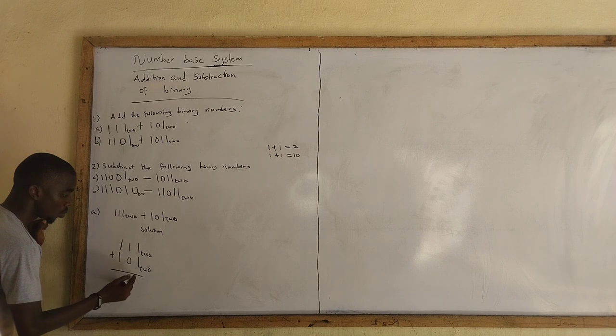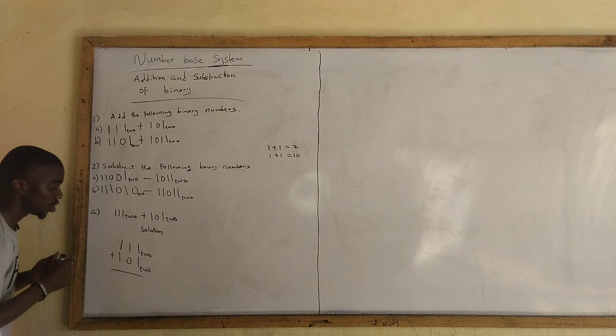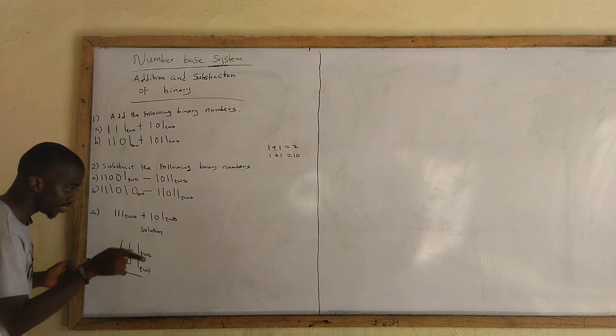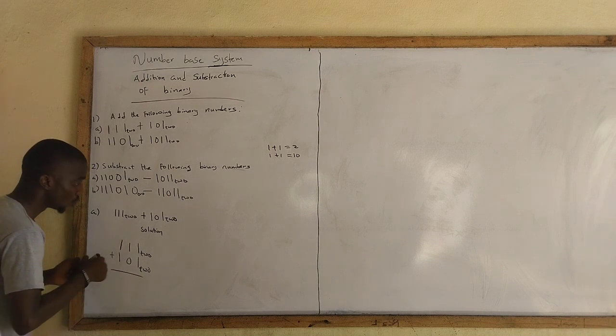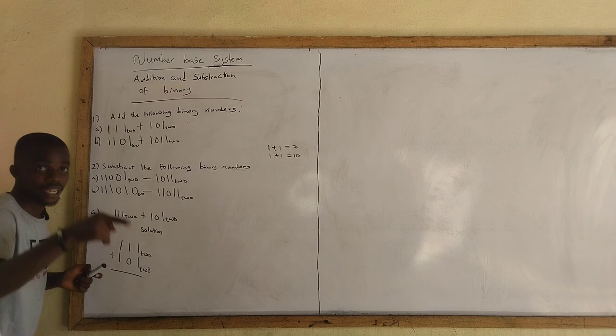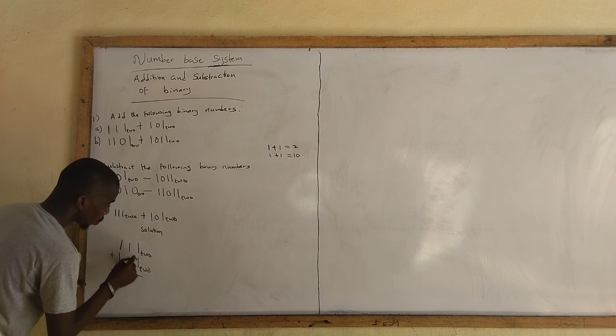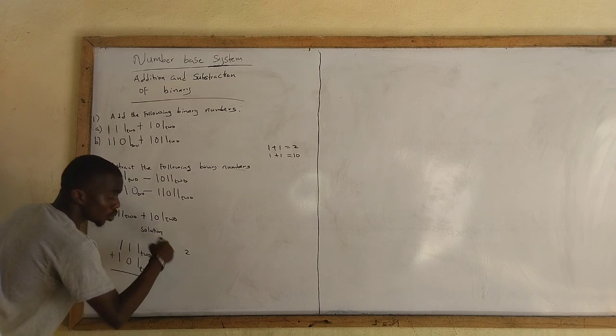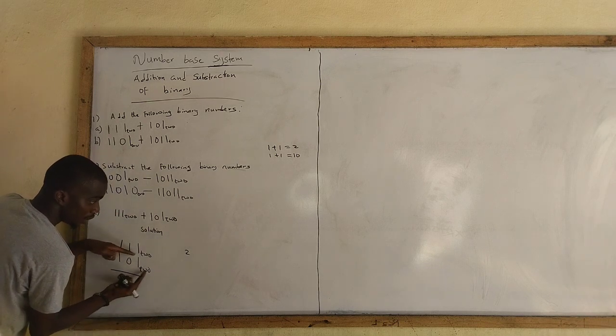So 1 plus 1 is equal to 2. That's in base 10. But we are going to convert this 2 to binary since we are adding in base 2.